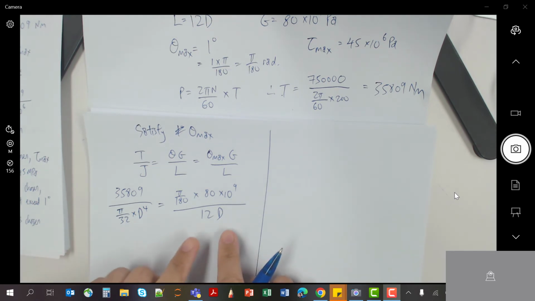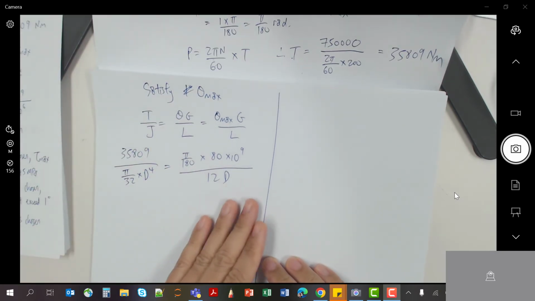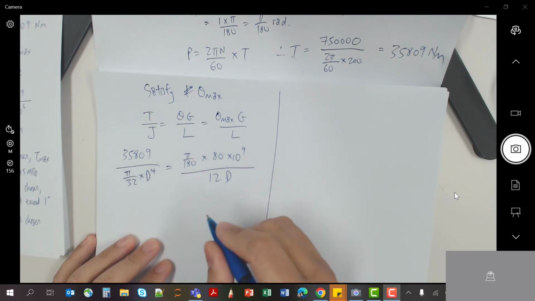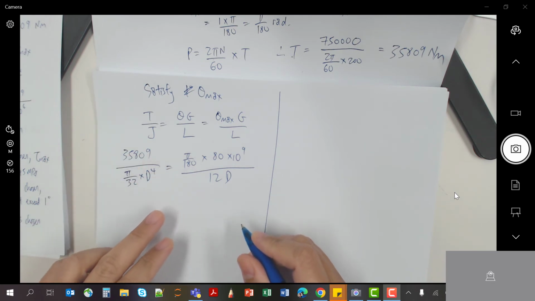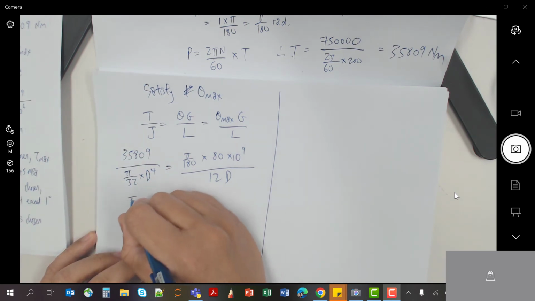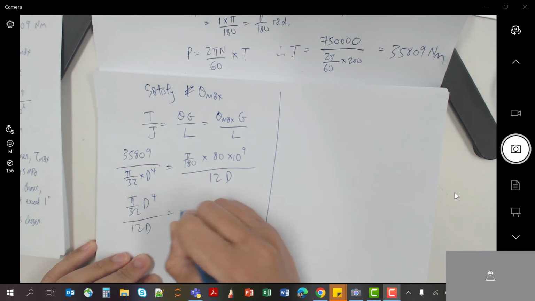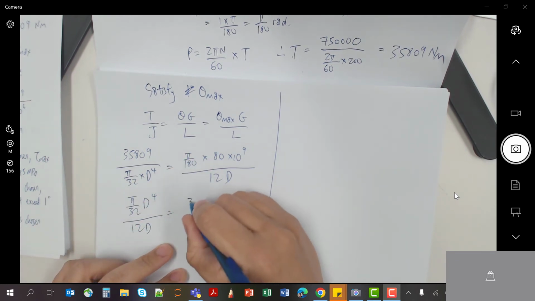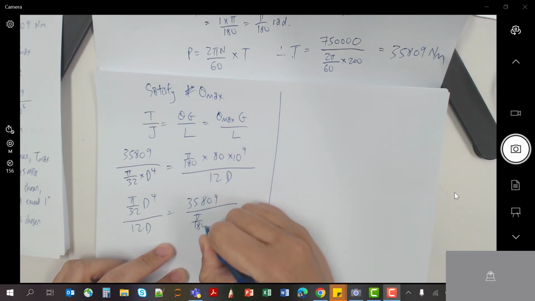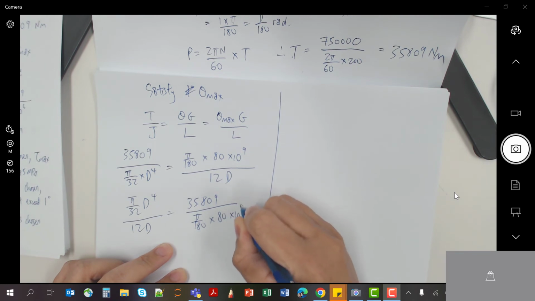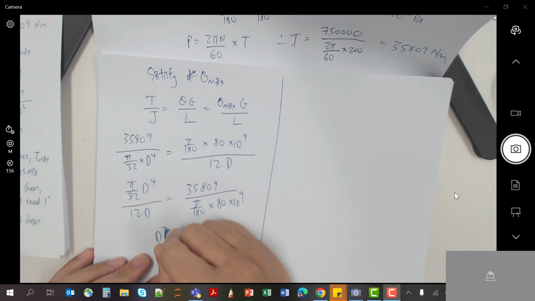Then you will lump the diameters on one side and the numbers on the other side. You are going to get pi over 32 d to the power of 4 over 12d equals 35809 over pi over 180 times 80 times 10 to the power of 9. You will get a d cube.